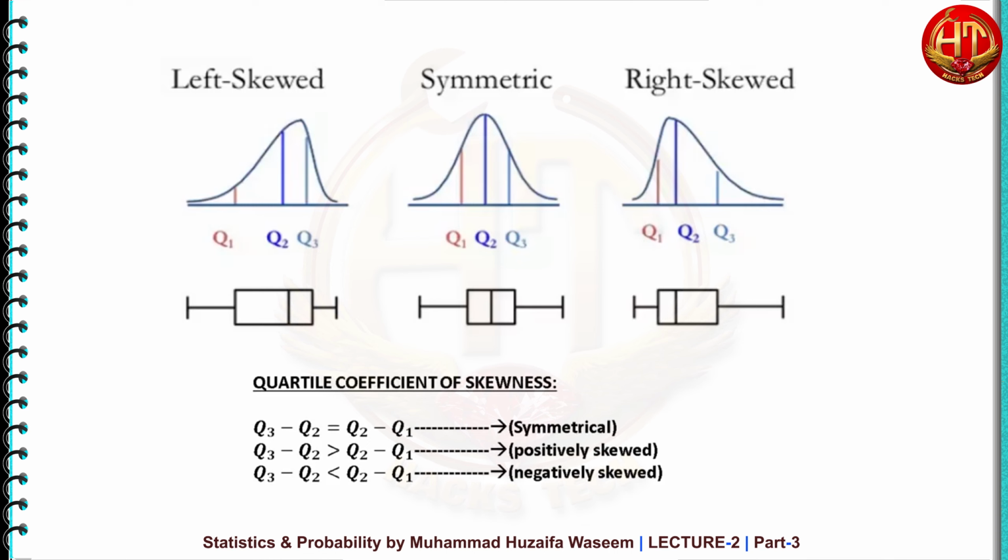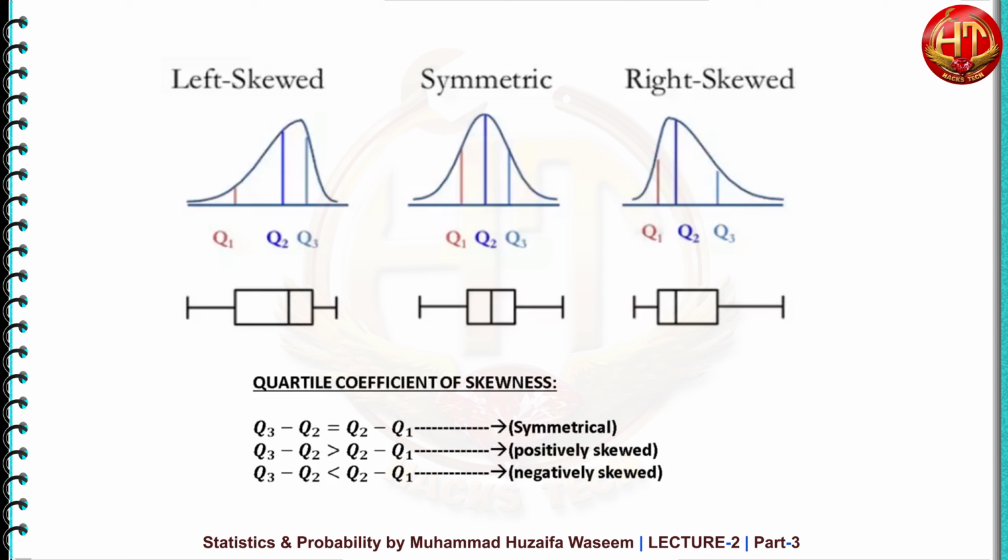Okay, you can see that in this graph: skewed to the left, symmetrical, and right skewed. With the help of quartiles, how can we comment on the shape of the distribution? When Q3 minus Q2 is equal to Q2 minus Q1, then the shape of the distribution is symmetrical.